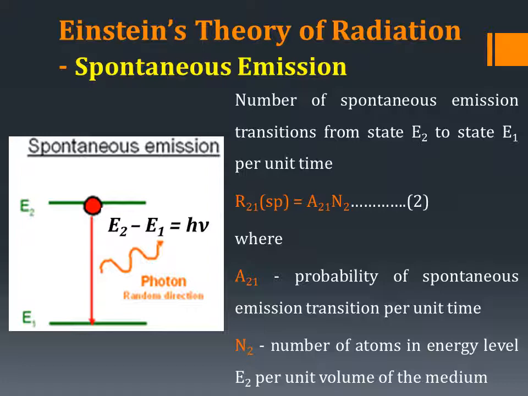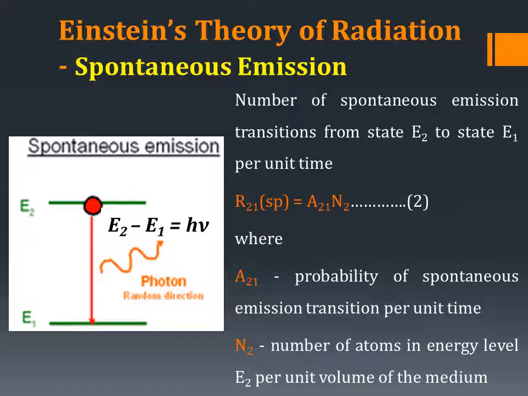Here, the rate of spontaneous emission or the number of spontaneous emission transitions from state E2 to state E1 per unit time is denoted by R21 SP. This R21 SP is proportional to N2, which is the number of atoms in the energy level E2 per unit volume of the medium.